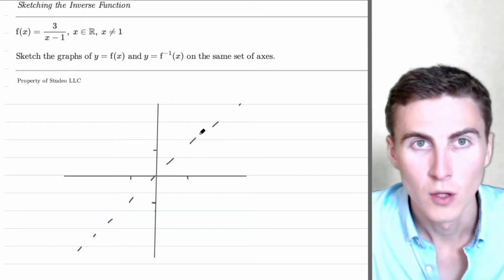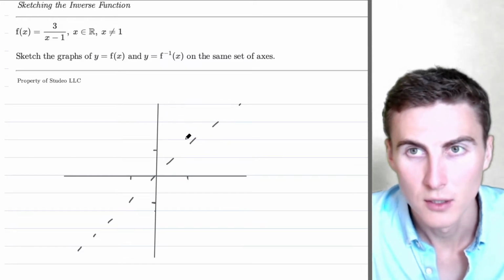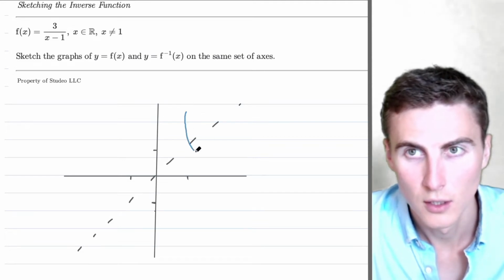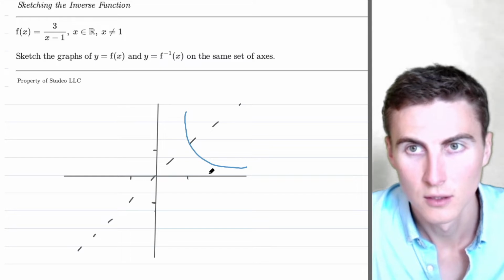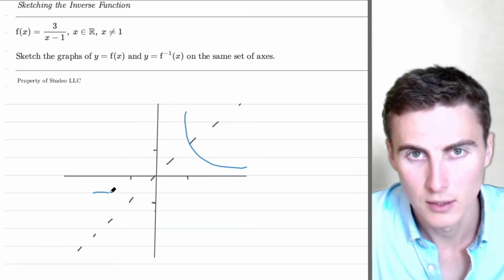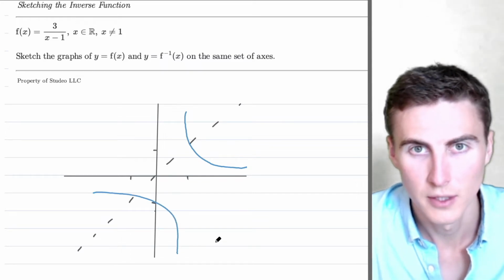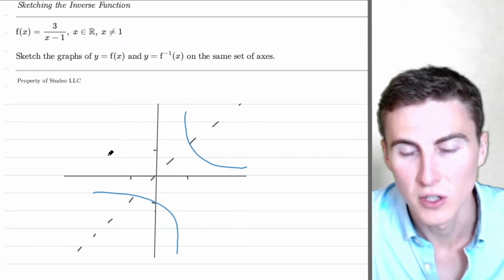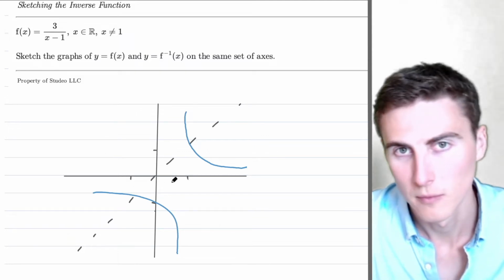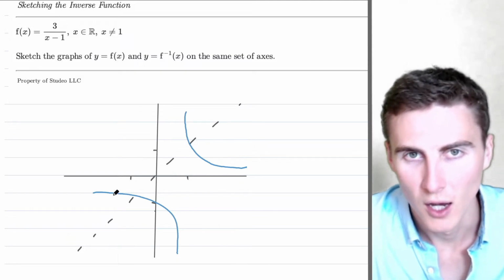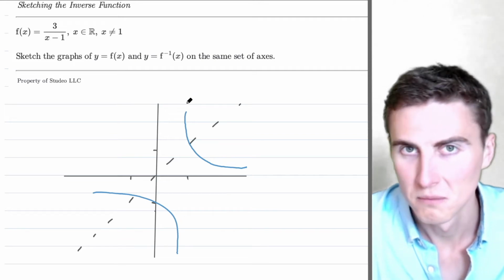So it's going to look something like this. We're going to have it like that and like that. So x minus 1, we've shifted it across to the right by 1. And okay, it's not the best drawing, it looks a bit weird, but roughly that's right.